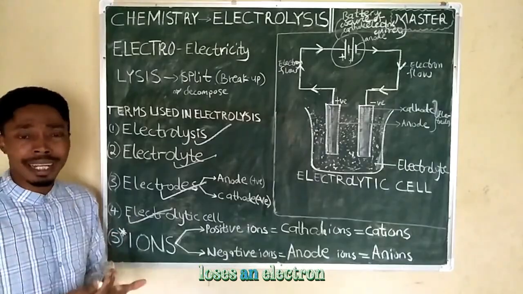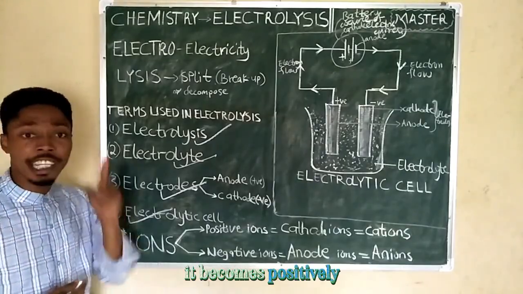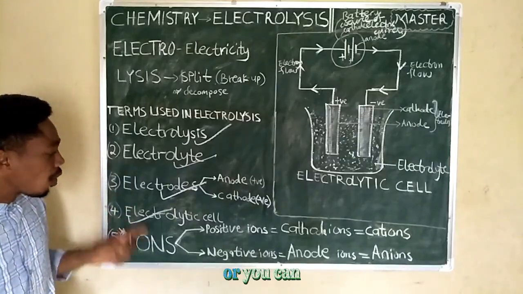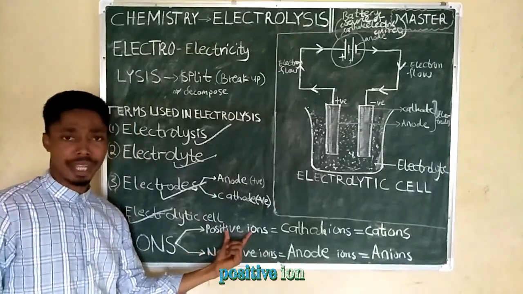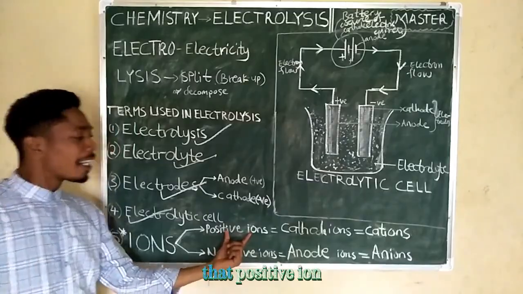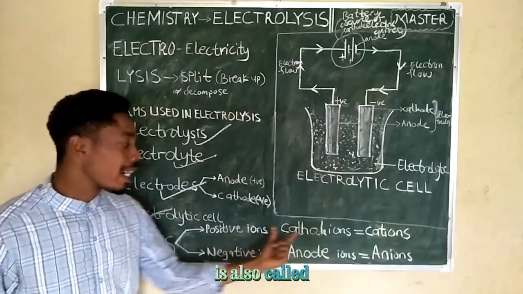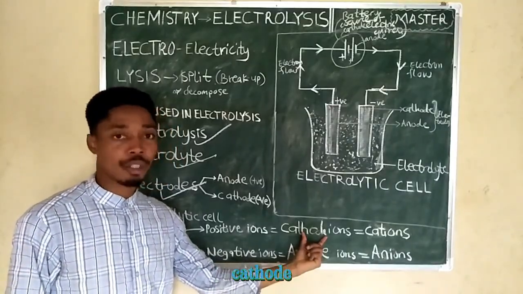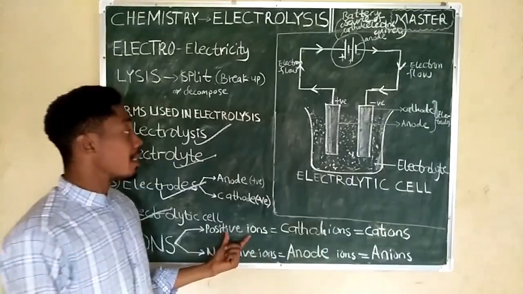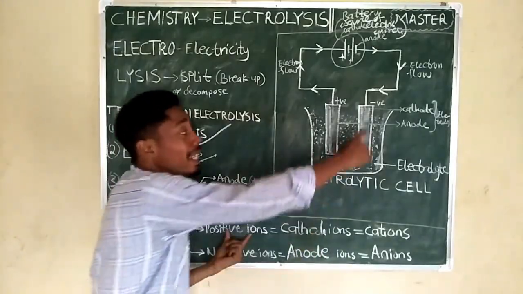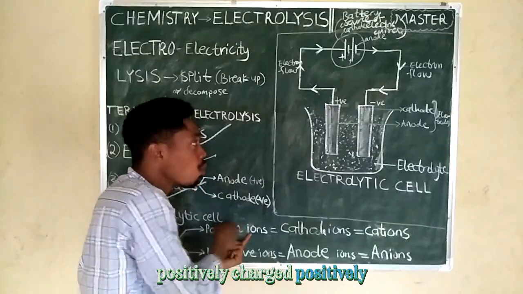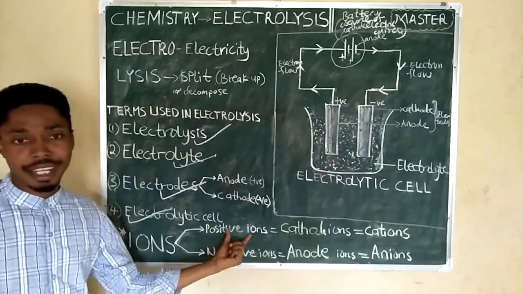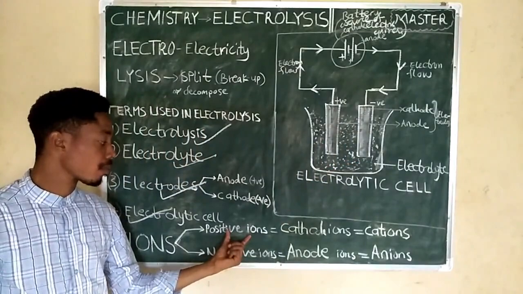When an atom loses an electron, it becomes positively charged, or you can call it a positive ion. That positive ion is also called cathode ions because that's the ions that will move to the cathode. The cathode is negatively charged. Positive ions will move to the negatively charged cathode.